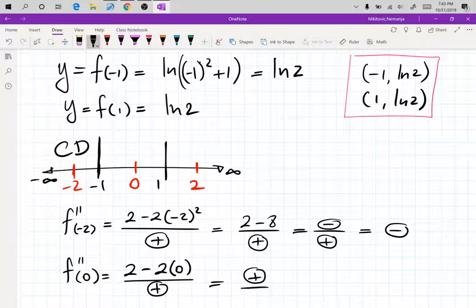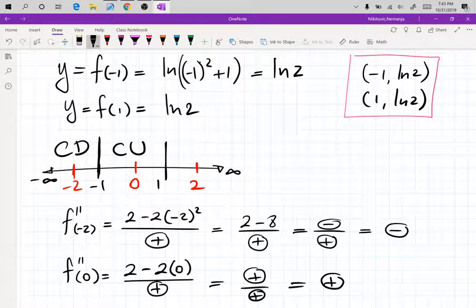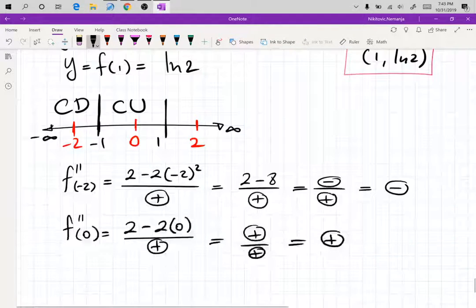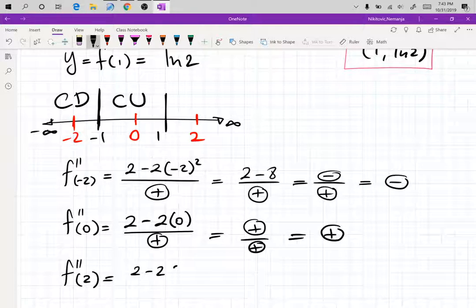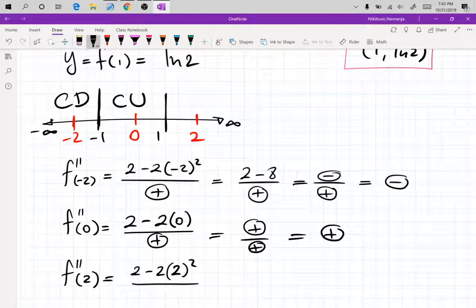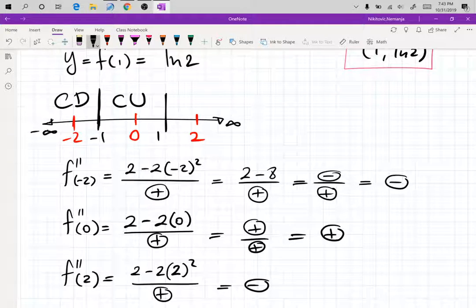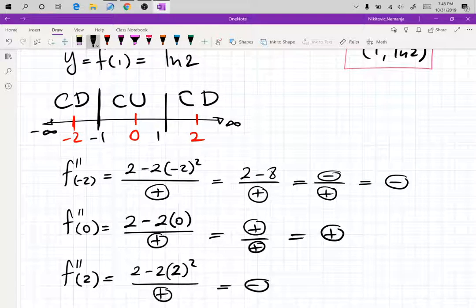That's a positive divided by a positive, which is a positive, and we have concave up. Finally, the second derivative at 2 is 2 minus 2 times 2 squared divided by a positive, which is also a negative number. Same calculation like the first one, concave down. So this is one of those problems when you don't have asymptotes, you don't have too many points, you might have to use something else.